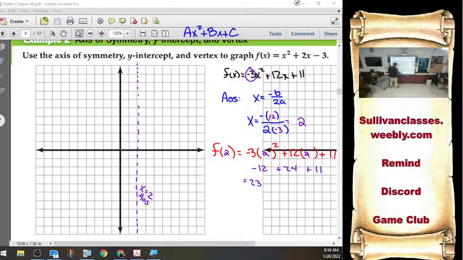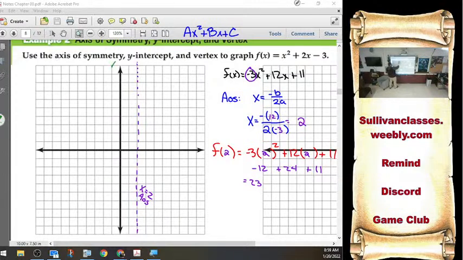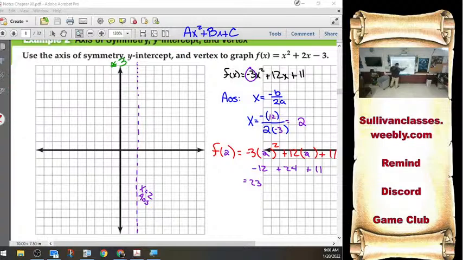I see that I have to go up to 23. I see that I'm going to have a stretch by a factor of 3. So that's exactly what I'm going to do. I'm going to make this go by 3. Remember, you don't have to change your x and y axis the same. I can only change my y if I want to. So I'm going to come up here and put my vertex at 2, 23.